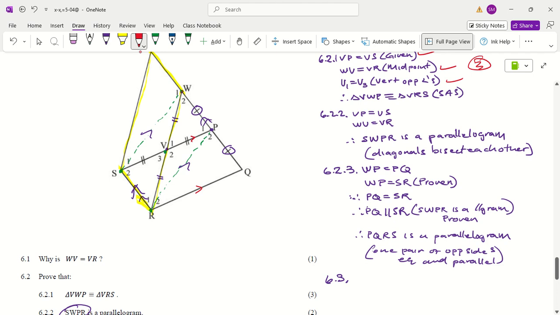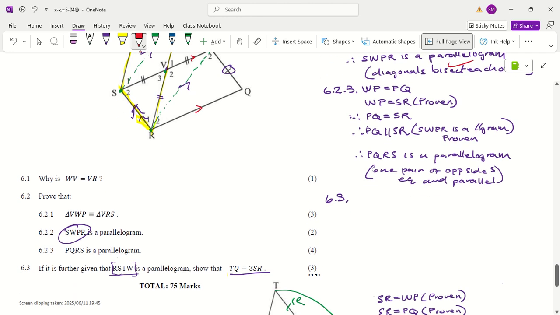6.2.2 was out of 2 marks, so you get a mark for both of these values, and then you get a mark for the reason why it is a parallelogram.